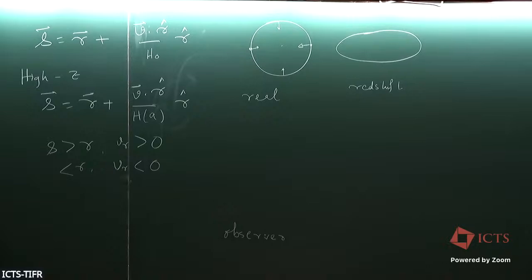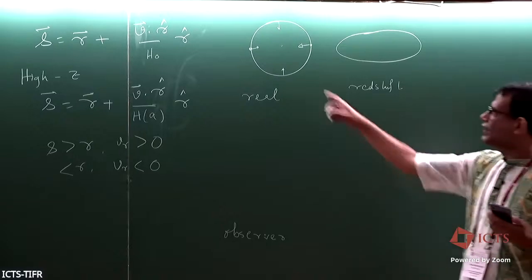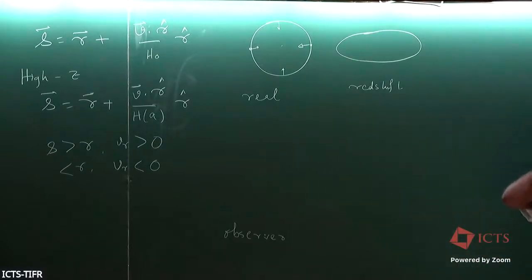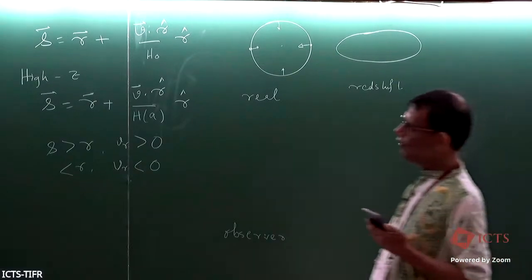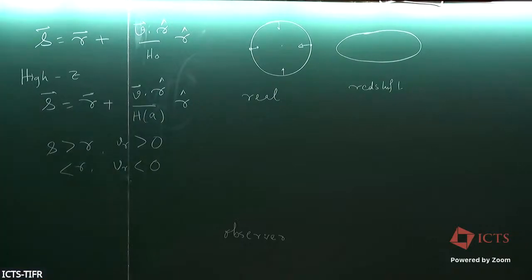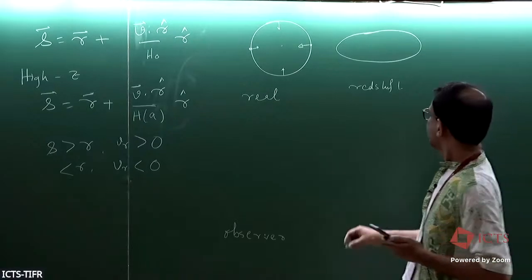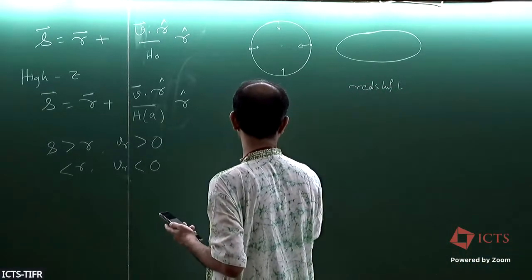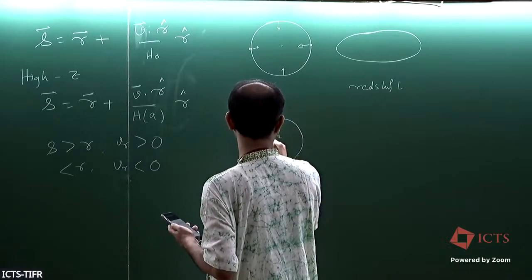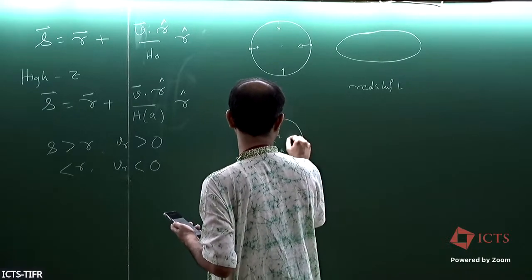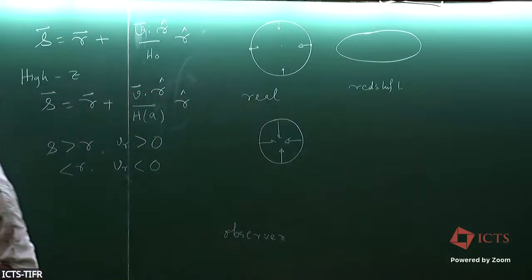Now imagine it has turned around. So now it's a competition between the Hubble velocity and the peculiar velocity. At some point it will pick up so much velocity that it has started to collapse, and it has picked up sufficient velocity that this one, for example, almost compensates for the Hubble.